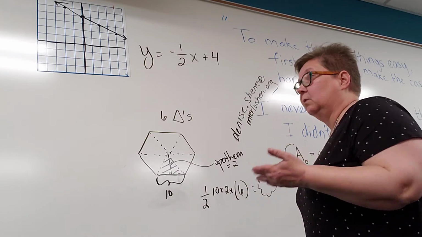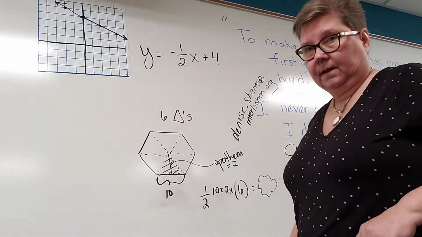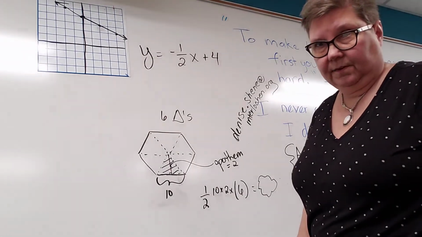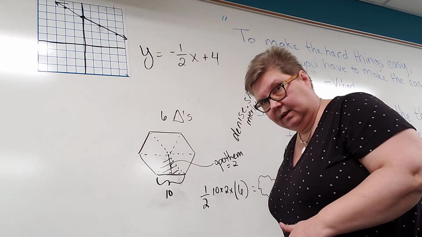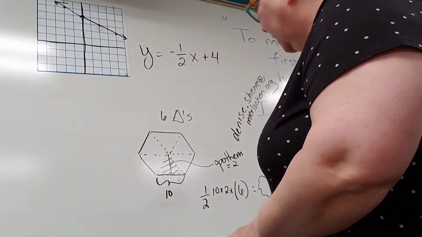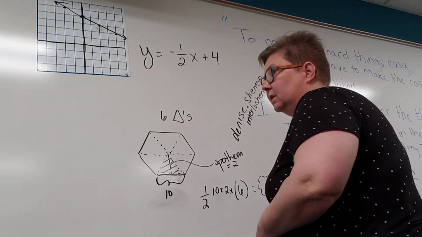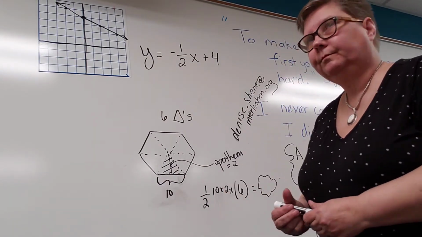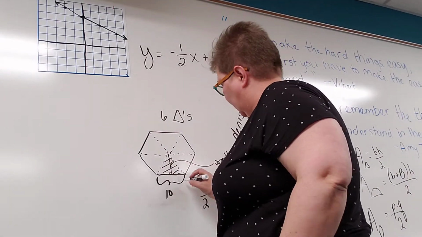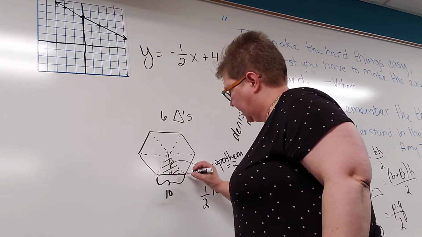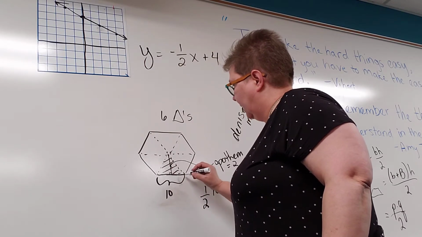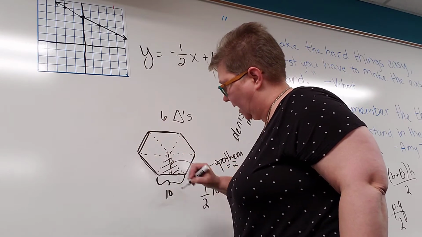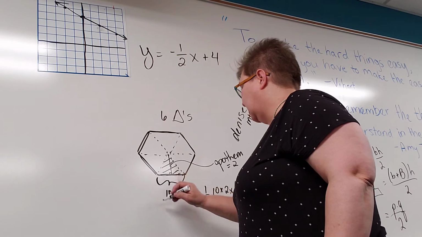Now, let's say we have not a 6-sided figure, but a 10-sided figure, or a 20-sided figure, or an n-sided figure. Here's another thing I want to show you. When I look at this perimeter, I have 1, 2, 3, 4, 5, 6 sides times 10.